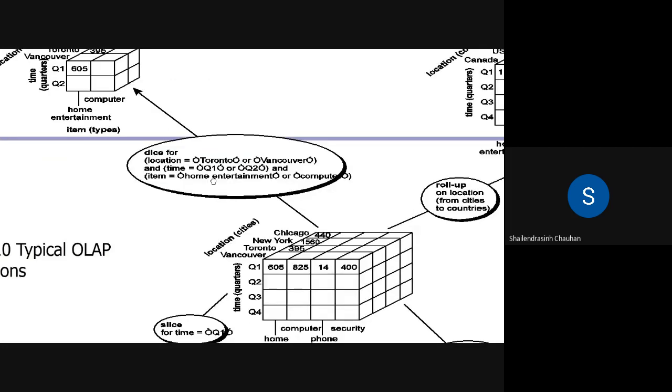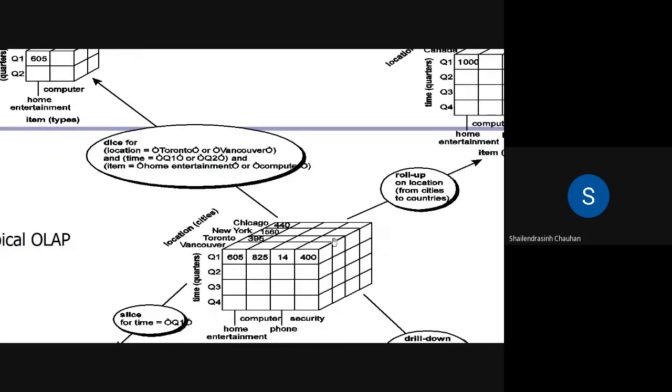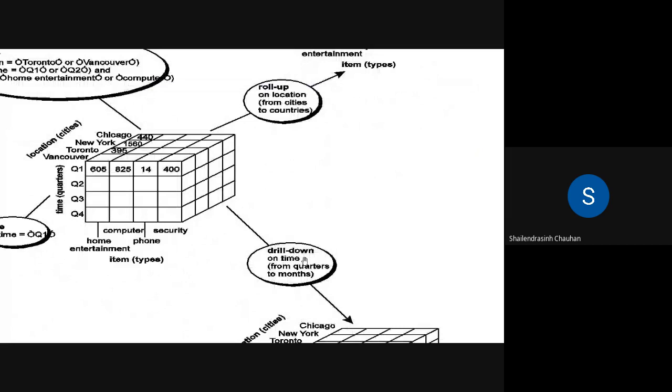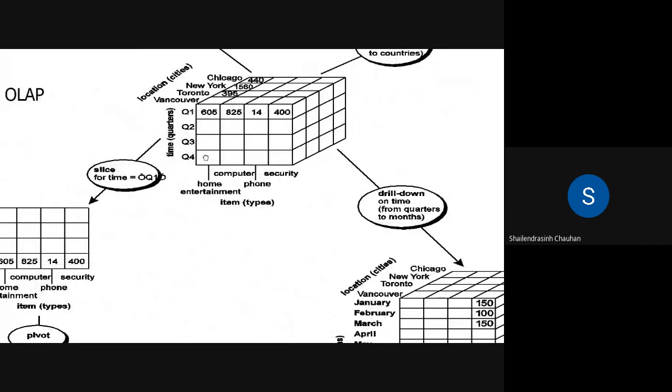So that is all this operation. We are rolling up, we are performing drilling down operation, slicing and pivot, and dicing. Right, so these are the major OLAP operations that you can perform on data cube.